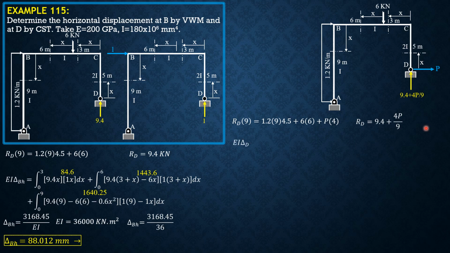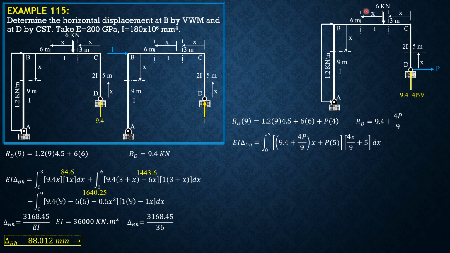So EI delta D horizontal equals integral from 0 to 3. We bypass this part because the moment here is just Px, derivative x dx, but P is 0, so it's still 0. So we begin with this section. The moment there is integral 0 to 3 of quantity 9.4 plus 4P over 9 times x, then plus P times 5, then the derivative is 4x over 9 plus 5 dx over 1.